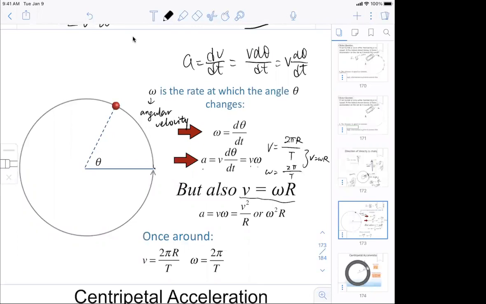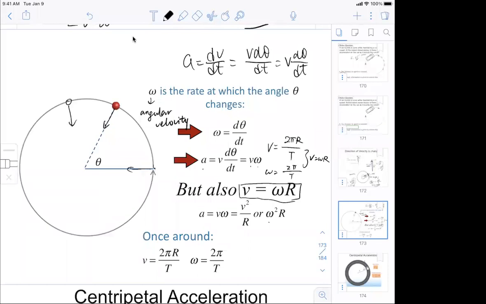So because v is equal to omega r, we can represent our acceleration using just v or just omega. If you're using just v, acceleration is v squared over r. If you use just omega, it is omega squared times r, okay? Because v and omega are related. So this is what we call centripetal acceleration, because the acceleration always points toward the center.